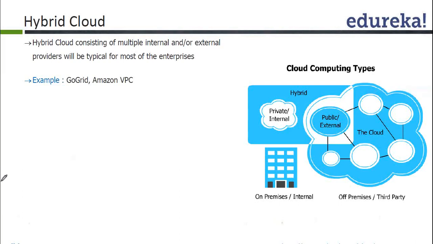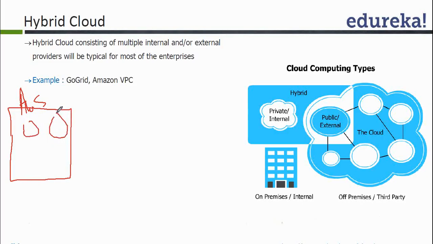So what would be the case? I would give you an example. This is AWS, right? You host your app server and web server here. This is your data center. You have your DB here.